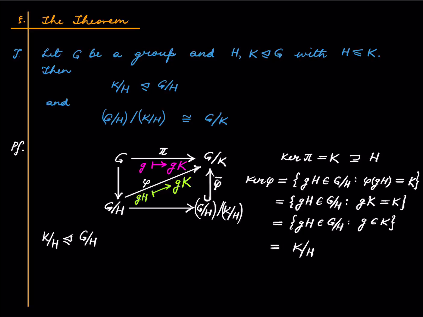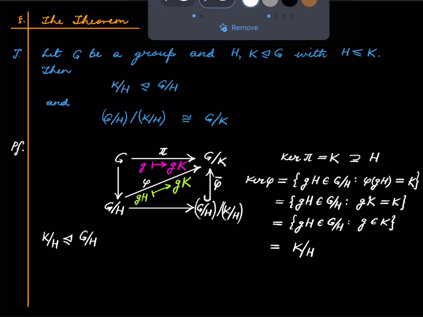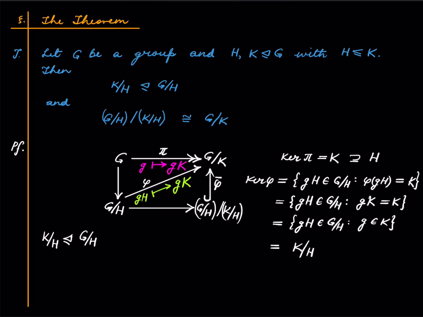And now let us just notice that, first of all, the map pi is surjective. Surjectivity is denoted by double arrows. So pi is surjective. And if you factor out a surjective map, you again get a surjective map. That's a basic set theoretic thing. So this is also surjective. And we have further factored out a surjective map. So we again get a surjective map. So phi bar is surjective. So therefore, phi bar is an isomorphism from G mod H modulo K mod H to G mod K.